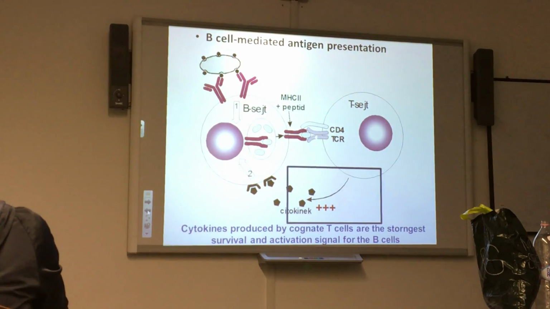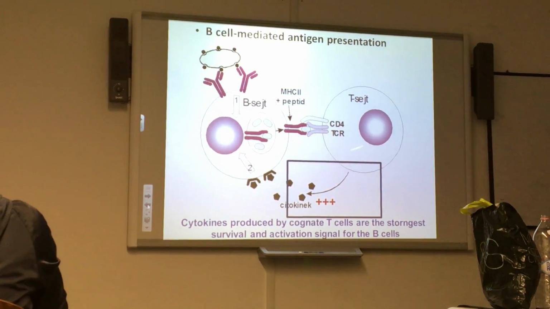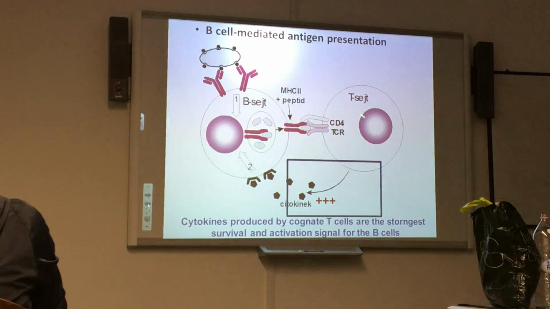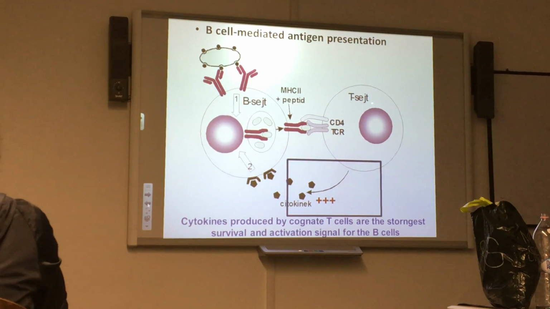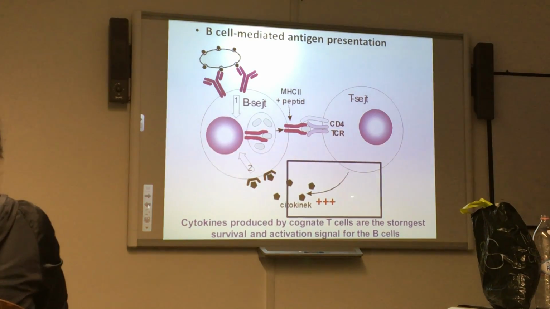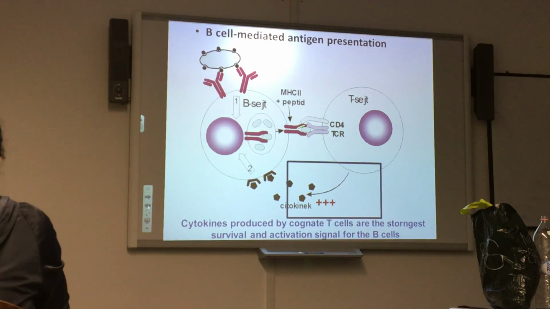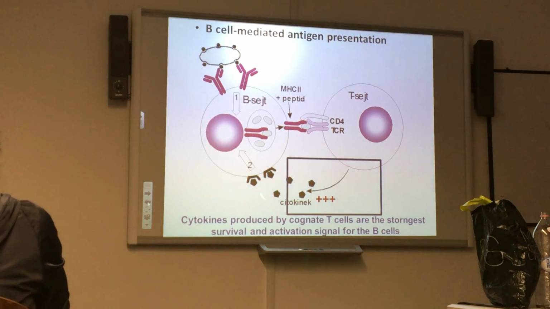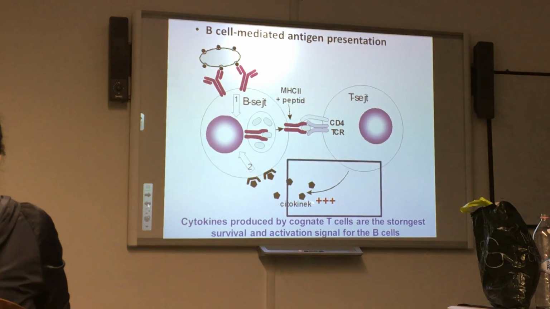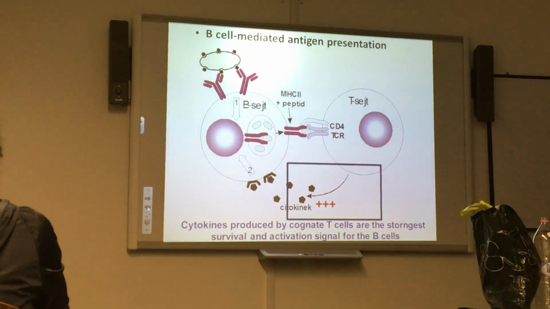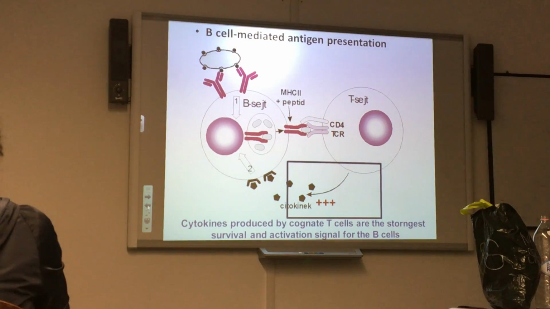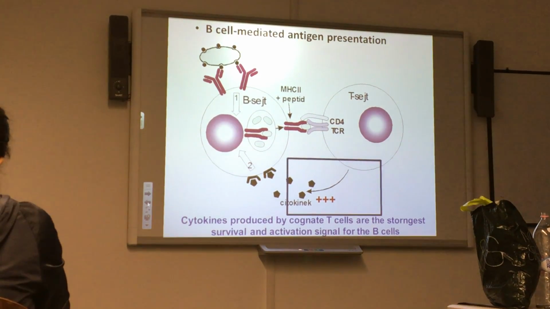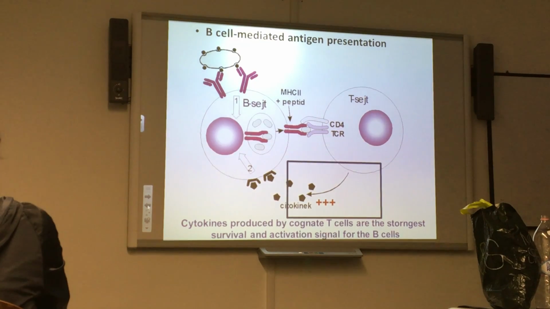Yes, through the TCR. And this is the first signal for the T cells. And T cells will produce in response to the first step of activation different cytokines which enhance the proliferation and also the isotype switching, for example, of B cells.